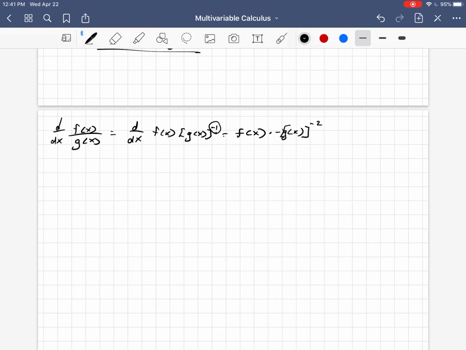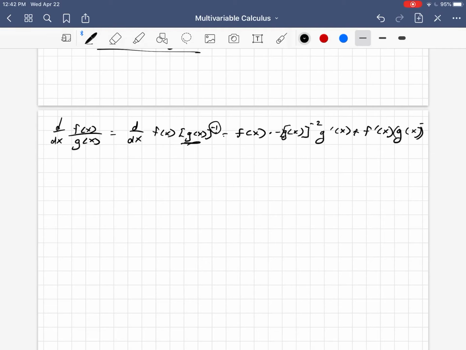So we first have to use the power rule, so we get a negative g of x to the negative 2. But now we also have to use the chain rule because we have to take the derivative of this inside function, which is g of x. And so we get a g prime of x.